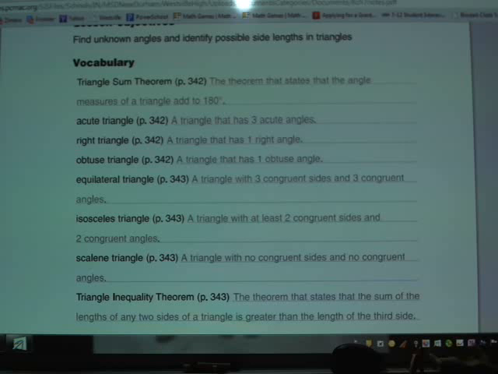So the more we know about triangles, the more we know about the other shapes, really. So that's why the triangle sum theorem is important, because it's one of the basic properties of a triangle.